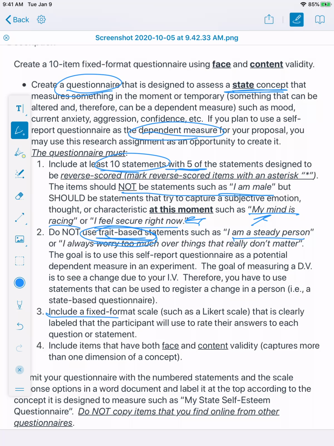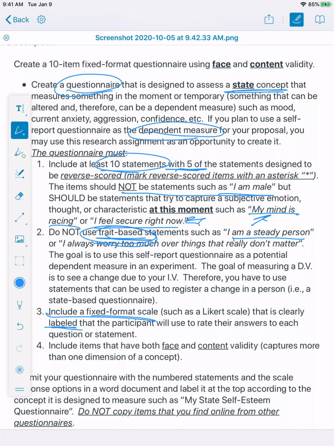Now remember that we're going to have to always decide how our participants are actually going to respond. And so I do want you, for each statement, to indicate the type of response scale you're going to allow your participant. And I would assume that the response scales will be the same for all your items. What I mean by a fixed format scale is that you're going to provide some numbers and the labels for those numbers.